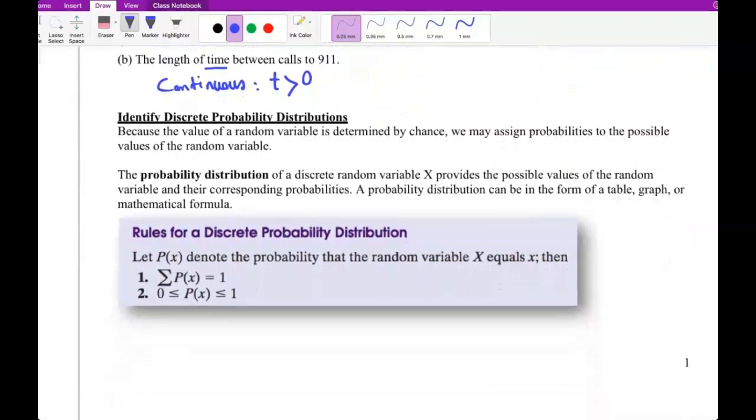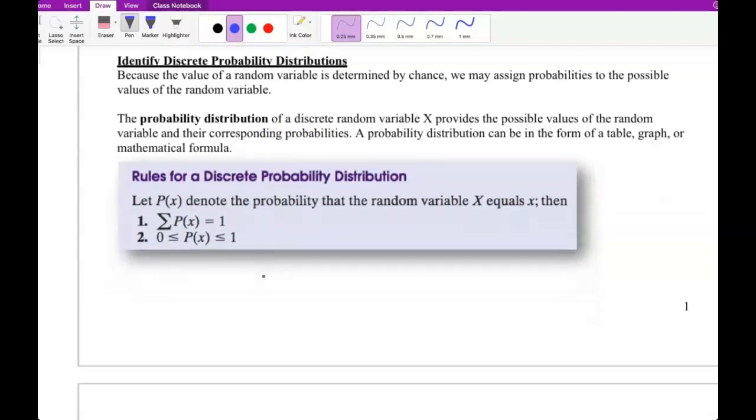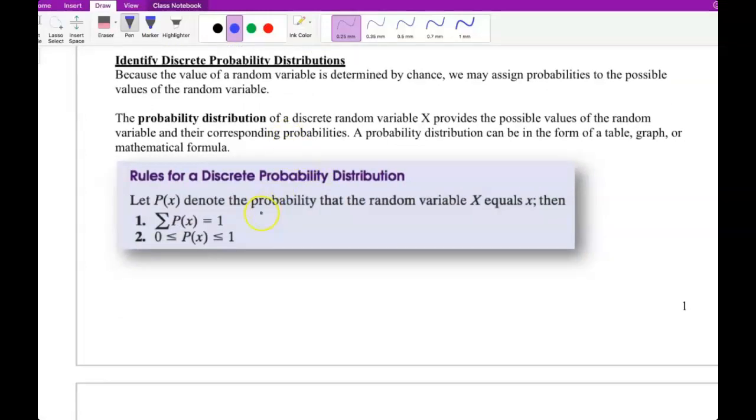Now here we have the rules for a discrete probability distribution. For probability, we're going to use this P, meaning probability, and X is the random variable. So the random variable X equals x.